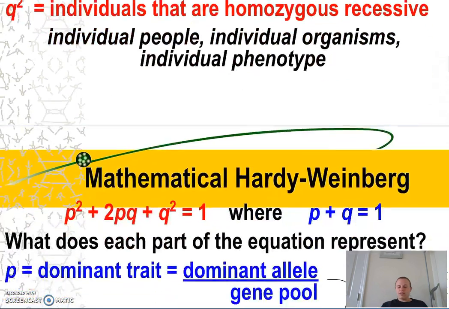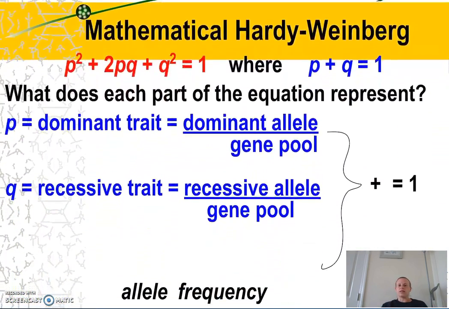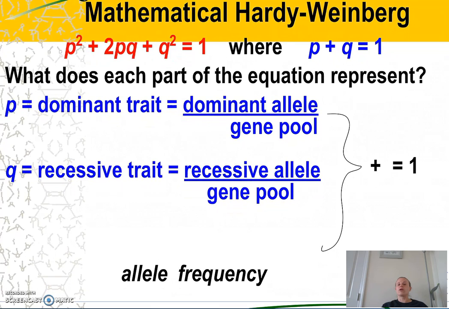Now, if we're given alleles or allelic frequencies, or the frequency of the alleles, we're talking about this second equation, where p has to do with the dominant trait or the dominant allele relative to the gene pool. q represents the recessive trait or the recessive allele relative to the gene pool.